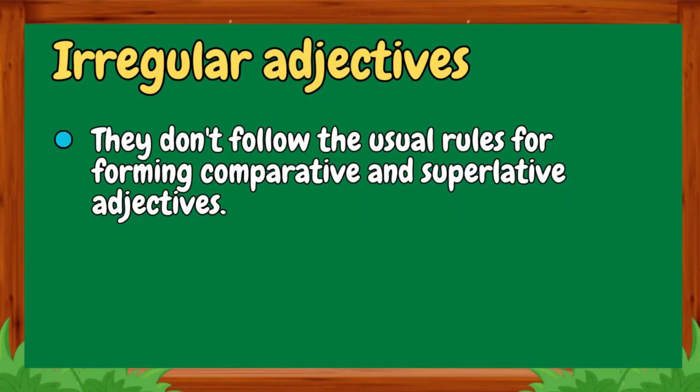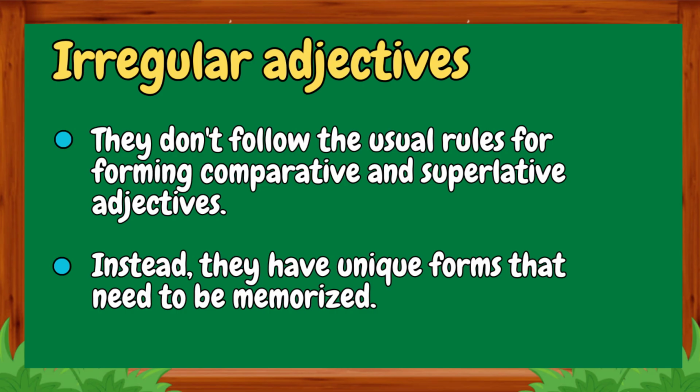Irregular adjectives don't follow the usual rules for forming comparative and superlative adjectives. Instead, they have unique forms that need to be memorized. Oh man, unfortunately we have this, just like some of those phrasal verbs or those irregular past tense verbs. We just have to memorize them. So let's go look at some examples.